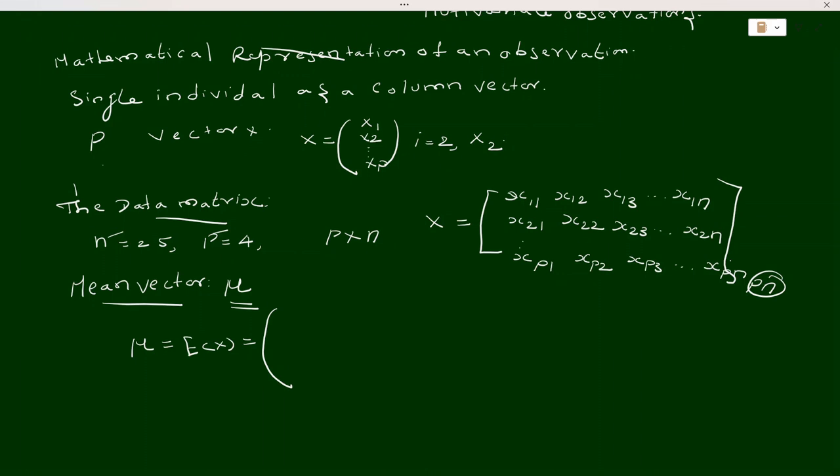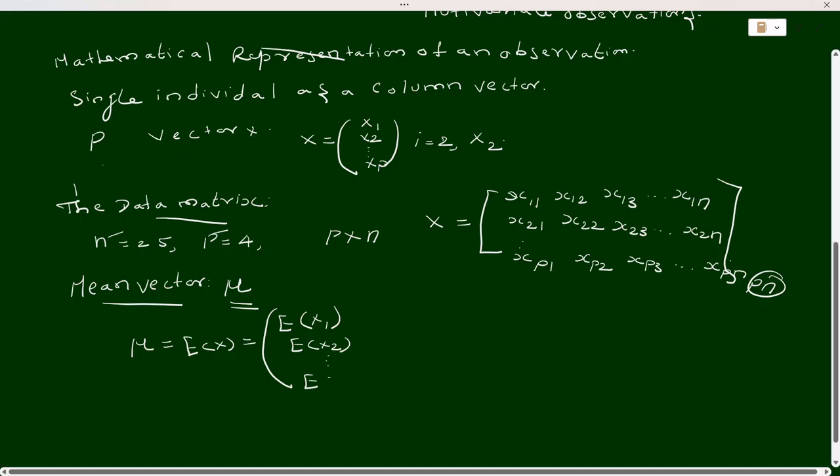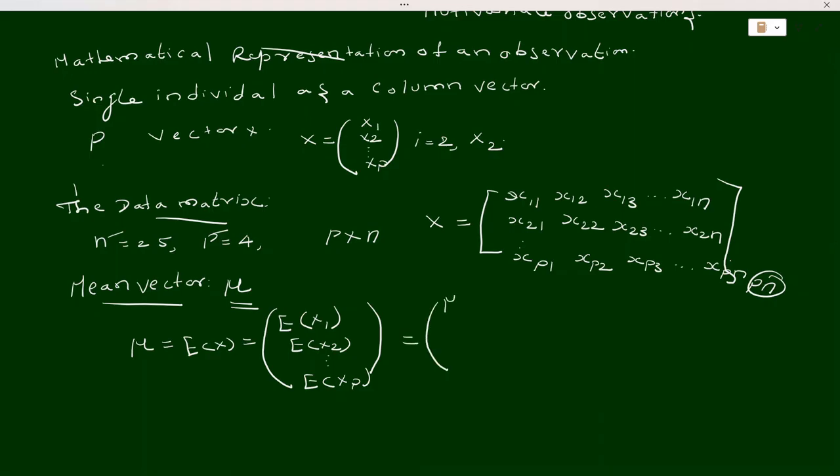Therefore, taking the expectation of each variable, that is expectation of x1, expectation of x2, etc., expectation of xp, we can write it as a single vector, that is mu1, mu2, etc., mu p. So this is the mean vector.